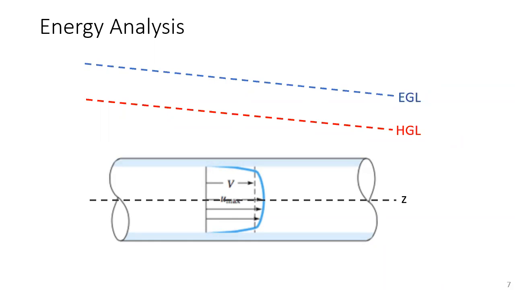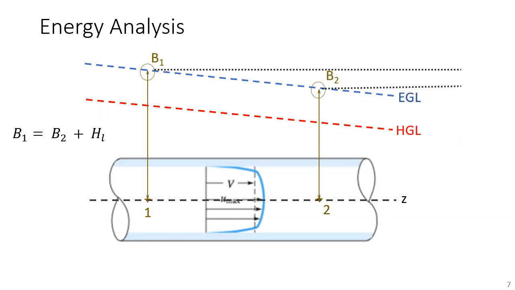So in the pipe, we have an energy balance from, say, point 1 to point 2. B1 is the total energy for point 1, B2 is the total energy for point 2, and the difference between those two energy grade lines is a head loss term.